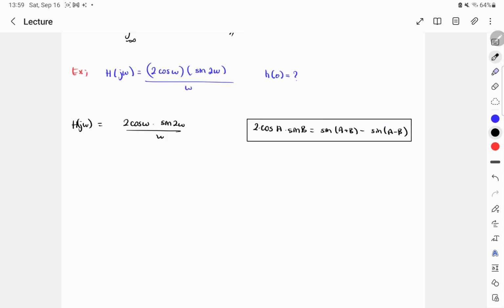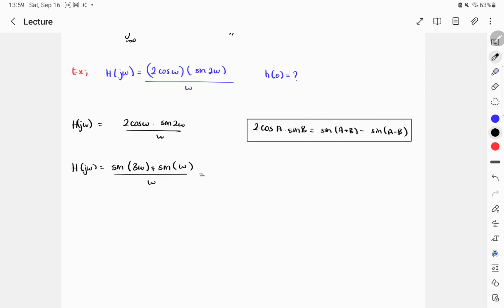And we will replace this as sine 3 omega minus sine minus omega, over omega, equals 2. I will just write sine omega plus here, as sine is an odd function.